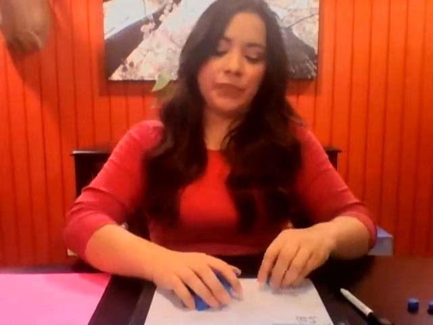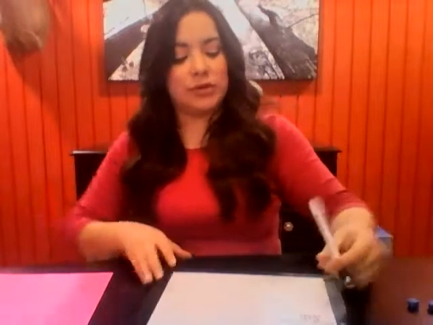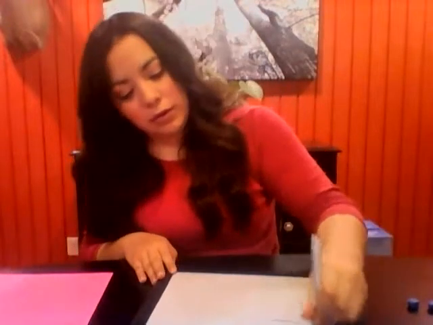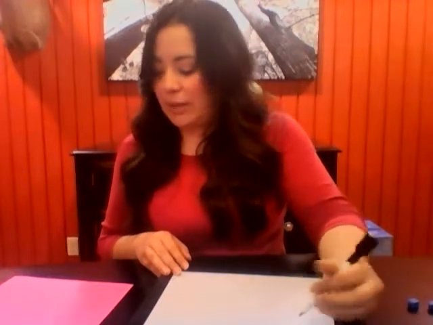Now, we'll move on to decimals. I'm going to use the number 3 and 42 hundredths minus 1 and 25 hundredths. So we would need 3 wholes.